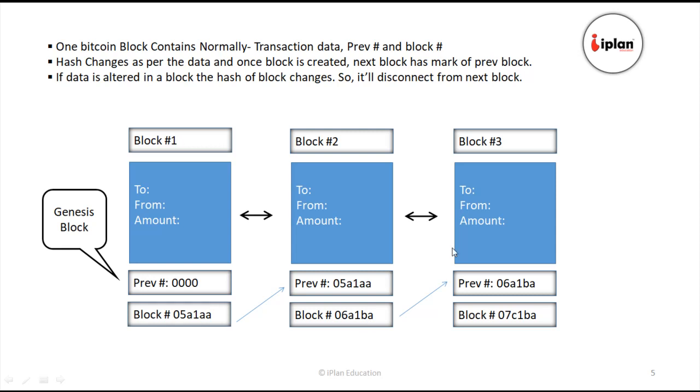So anybody can easily identify that this block has been manipulated. And if somebody wants to manipulate it, he has to validate the block, and to validate the block, trust me, at least 50% of the miners or nodes should validate it if you want to alter it. Otherwise it cannot be altered. So it is impossible to hack a block in the chain.